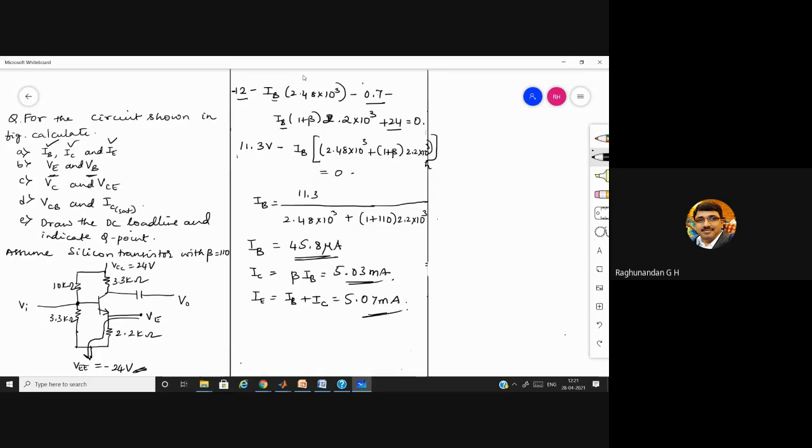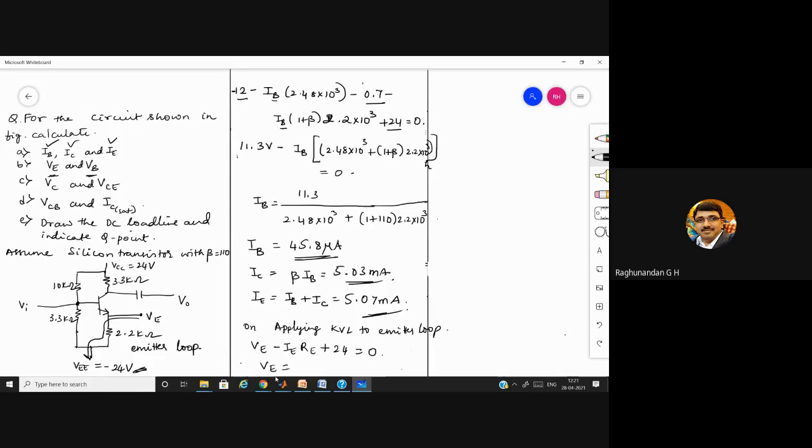So this part is known as the emitter loop. On applying KVL to the emitter loop, we get VE minus IERE, and since it is negative, it becomes plus 24, equal to 0.